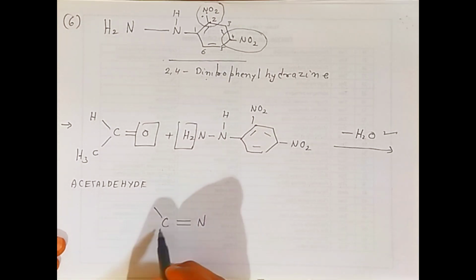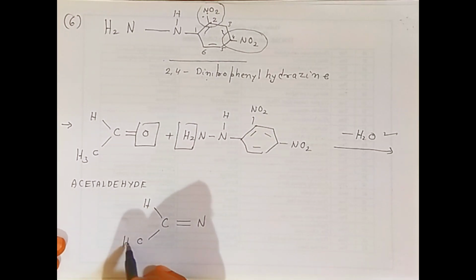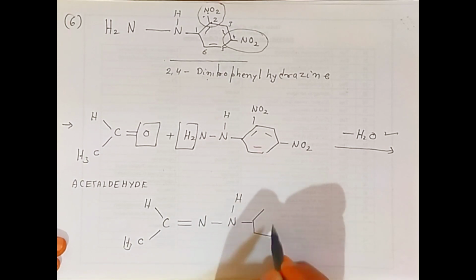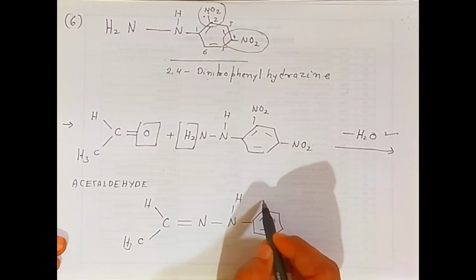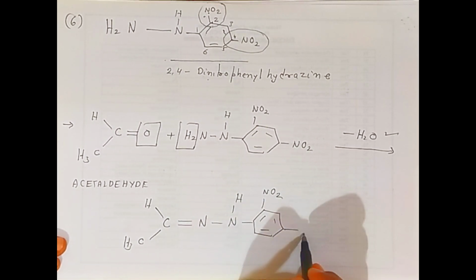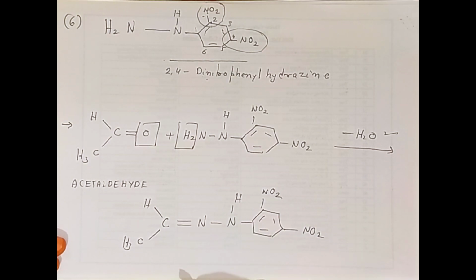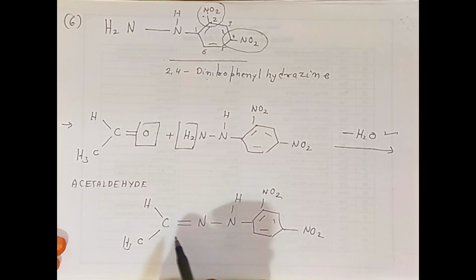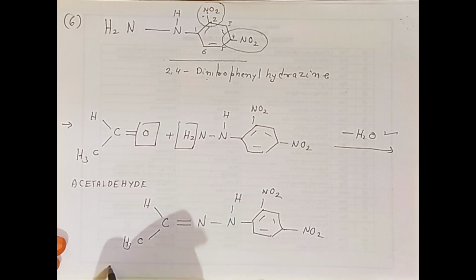The carbon-nitrogen double bond forms, and hydrogen and methyl remain as they are. So this is called acetaldehyde 2,4-dinitrophenyl hydrazone.